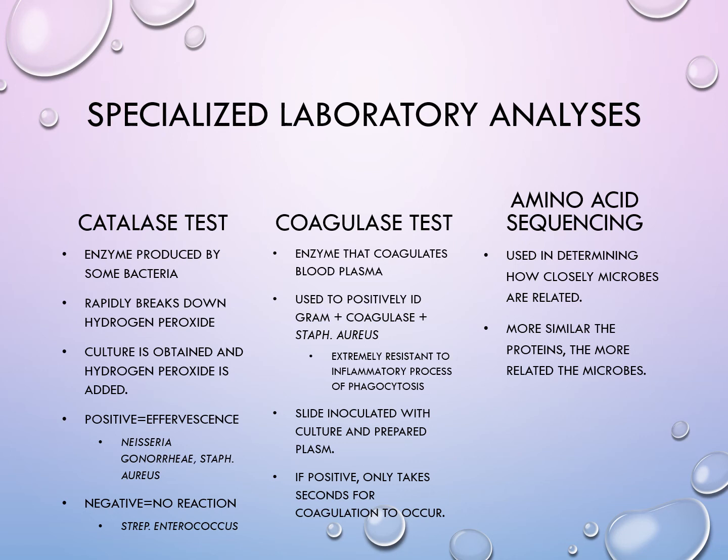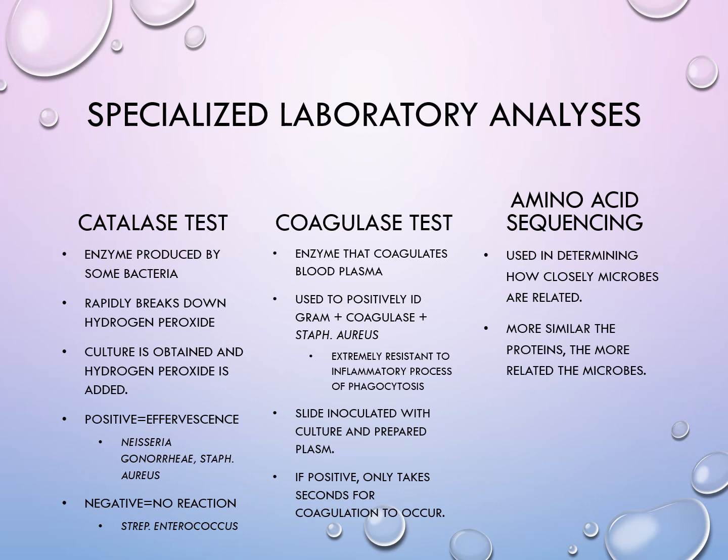So a culture is going to be obtained, and they're going to put it on a slide, and they're going to put some hydrogen peroxide on there. And then if it bubbles, right, that's what effervescence is, then it's a positive catalase test. If there's no reaction, then it's negative.